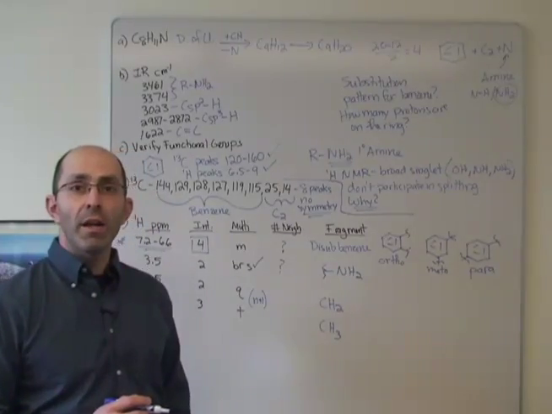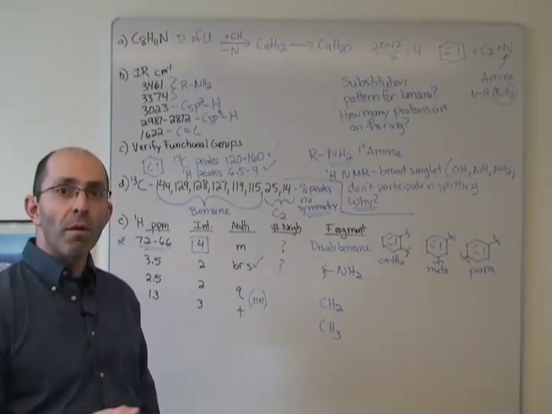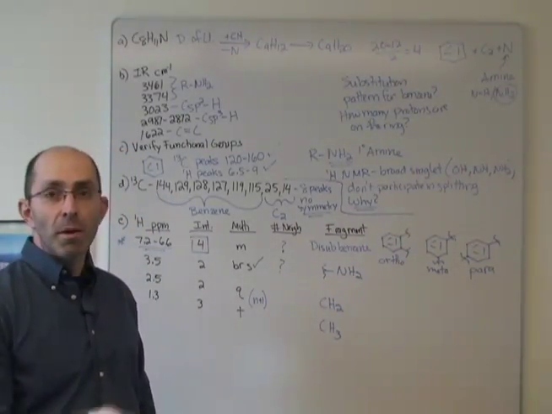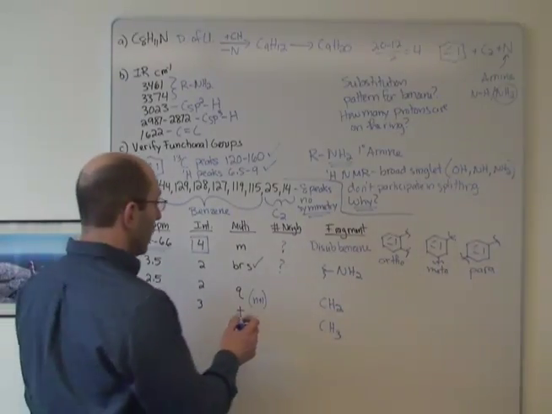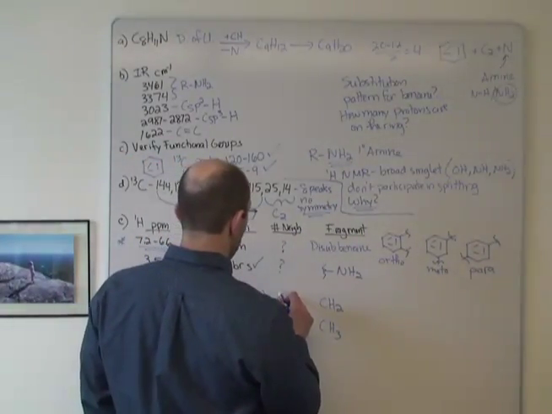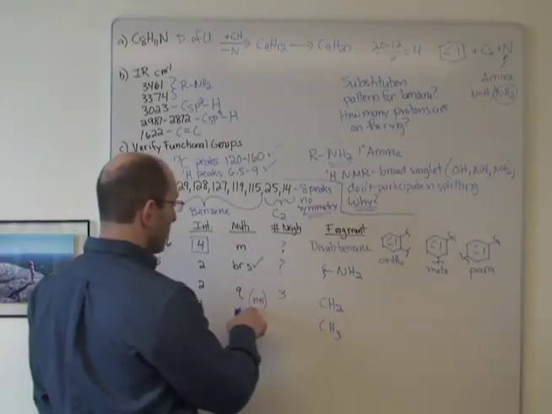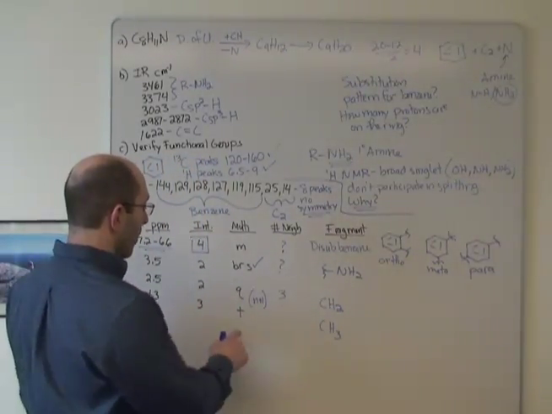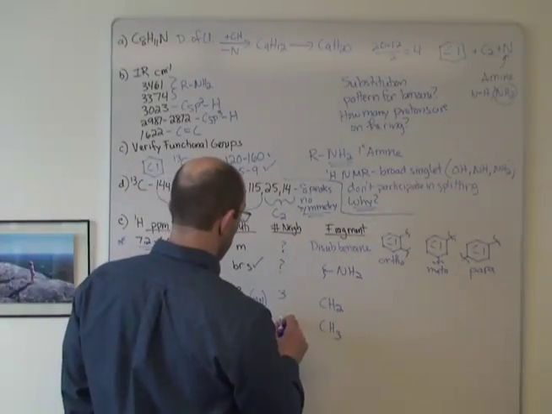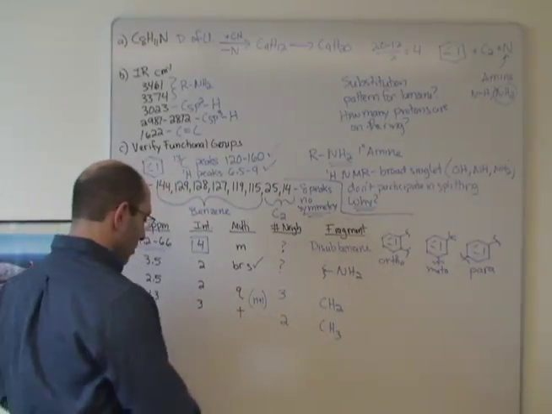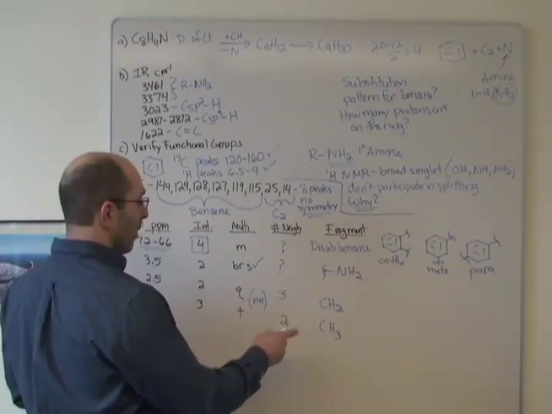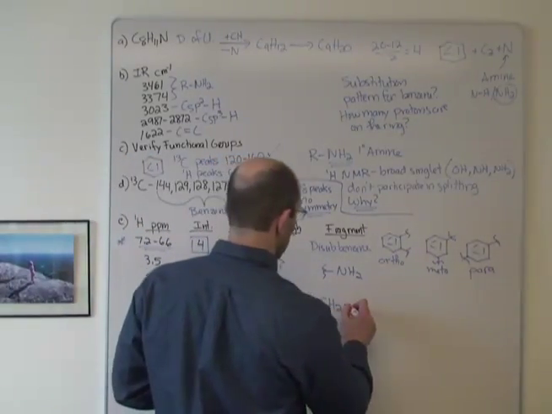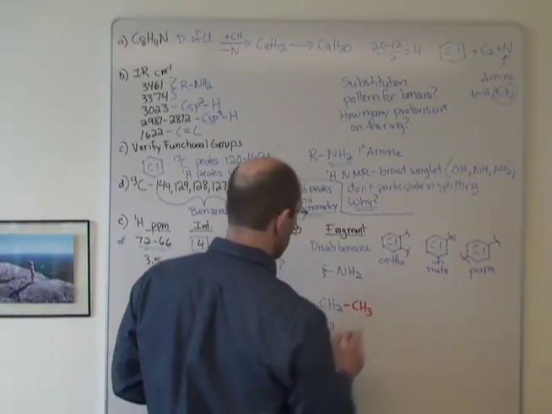If you have a quartet, that means that you have 4 peaks coming off of that 1 peak. And that means you're going to have 3 neighbors, because 3 goes in here, and the number of lines you get is 3 plus 1, which is 4. The triplet, by n+1, means we have 2 neighbors. So when we're thinking about this, we have 3 neighbors next to the CH2, so that means it's going to be next to a CH3.